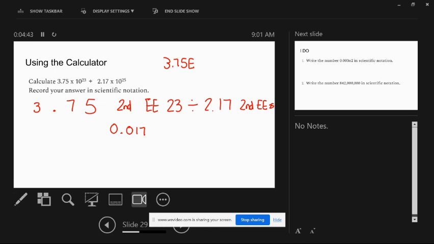Okay. So this is what your answer should be, 0.017, I'll just round to 3. It might have brought it into scientific notation for you. If it did, then it would read 1.73E negative 2. So you may have this as your answer or this is your answer.